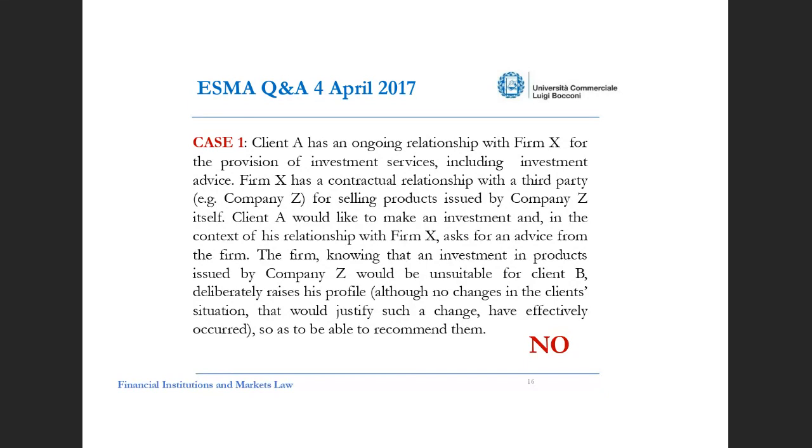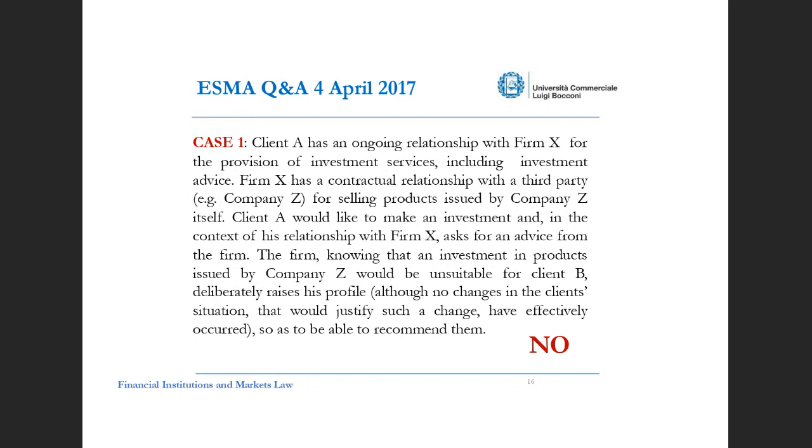Client A would like to make an investment and, in the context of his relationship with firm X, asks for advice from the firm. The firm, knowing that the investment in those products would be unsuitable for client B, deliberately raises his profile, although no changes in the client's situation that would justify such a change have effectively occurred, so as to be able to recommend them.